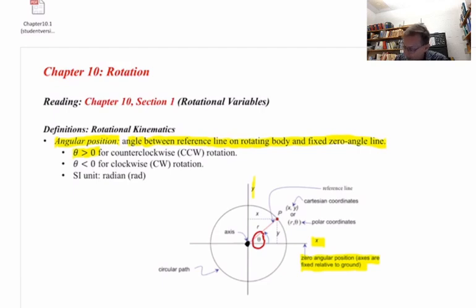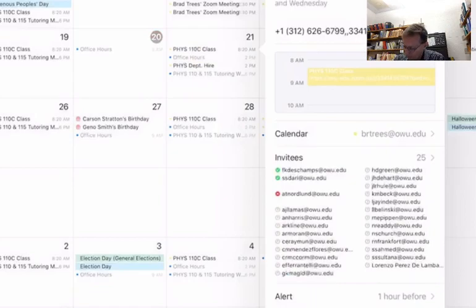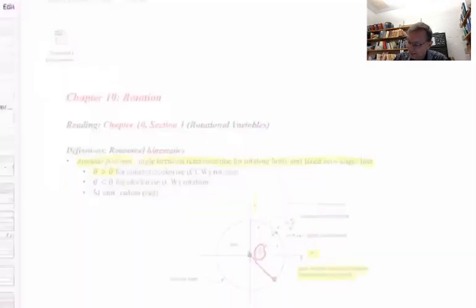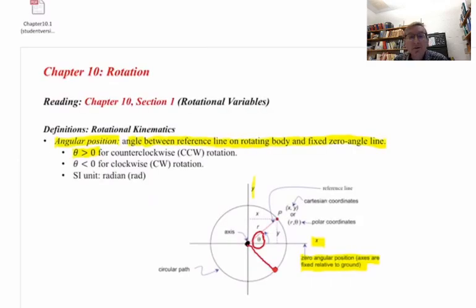Conversely, if point P had been down here at the moment I drew the picture, with the red reference line from the axis out to where it is, then I would have measured the angle that way, and that's clockwise from plus x.